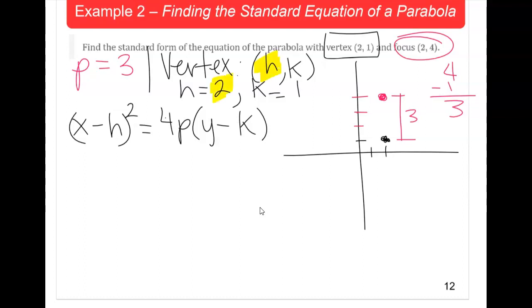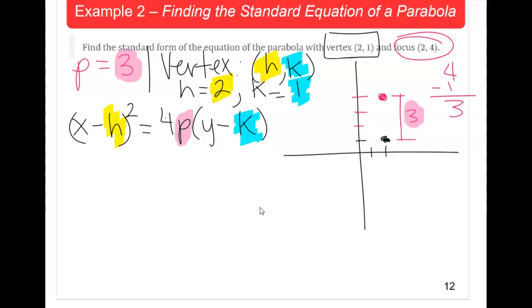We have h equals 2, so we're going to substitute that there. We also have k equal to 1, which is coming from the vertex. And then we found that p was 3 based on the distance from the vertex to the focus, so that will be substituted there.